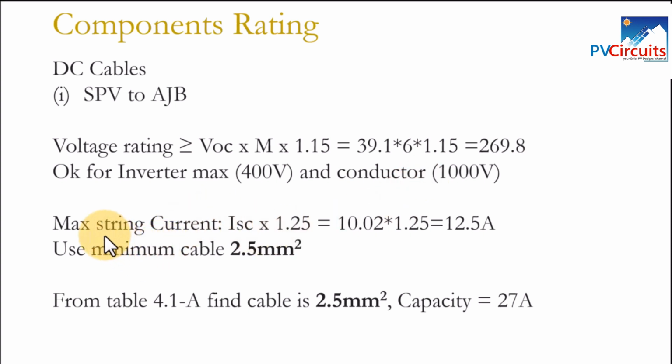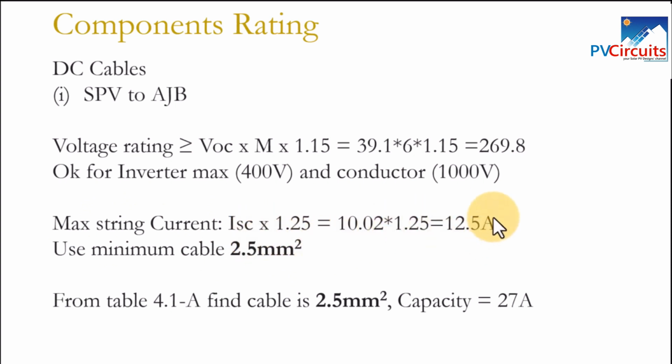Looking at the current, the current is rated at IAC times 1.25, and this gives us 12.5 amps. So we say we use a minimum of 2.5 millimeter. And how do we get that?